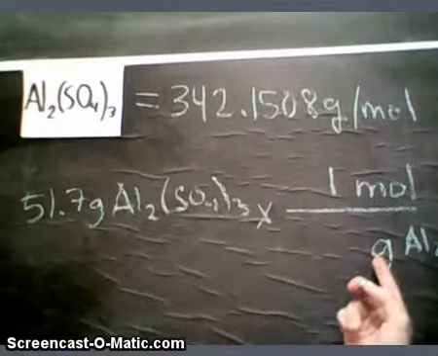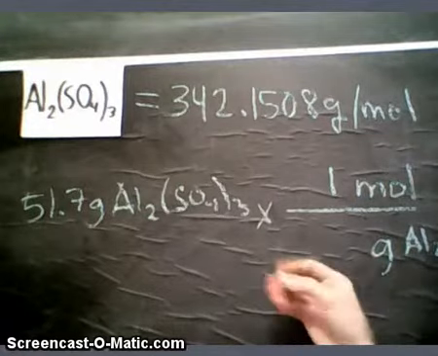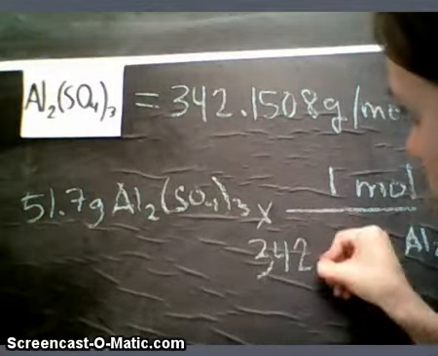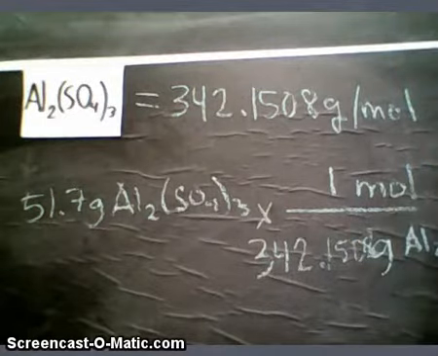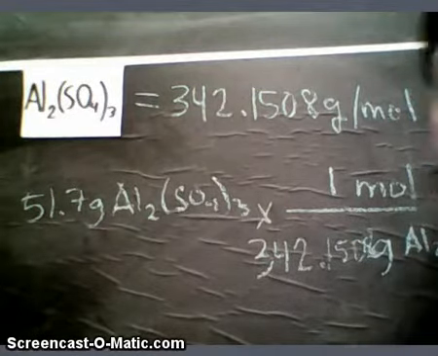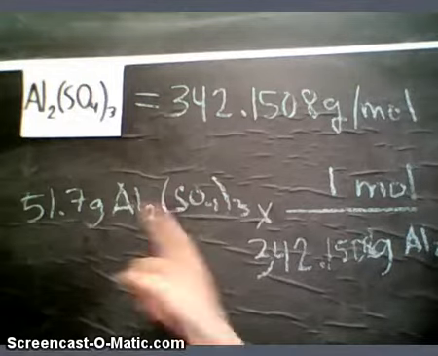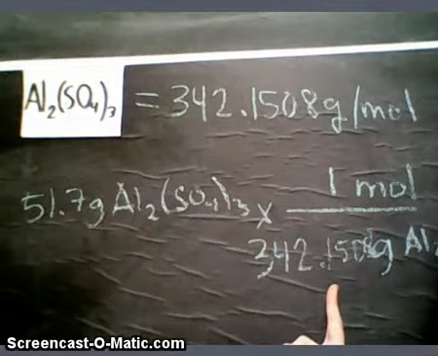Now, the relationship that we have between grams and moles will be the molar mass. So right here on the bottom, I would write 342.1508, and those are grams of aluminum sulfate. Take out your calculator so you can do this division. Remember, we multiply this times 1 and we divide by 342.1508.